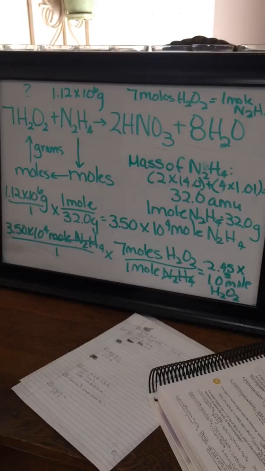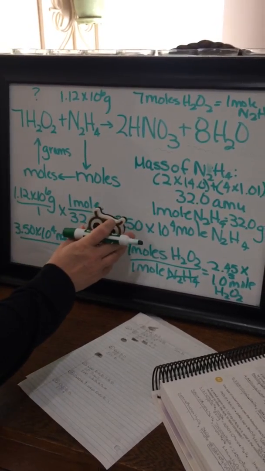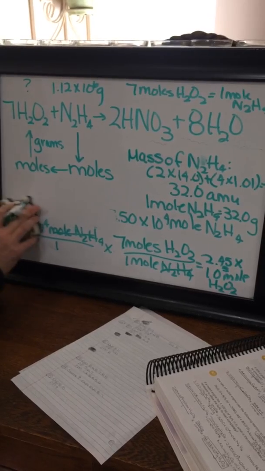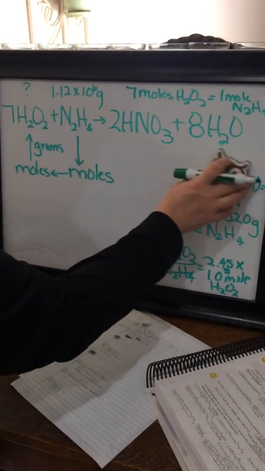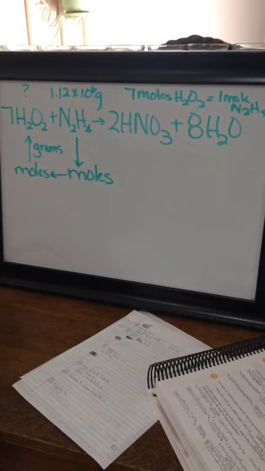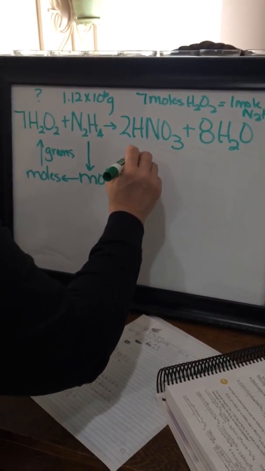Hopefully if you haven't written all this down, you need to pause it, okay? To change to grams, we've got to have the mass. So find your mass of H2O2.